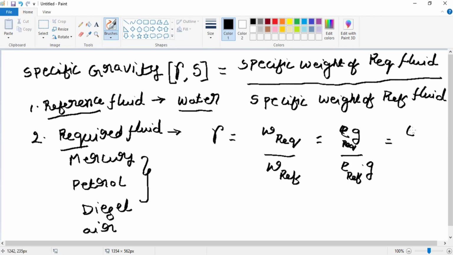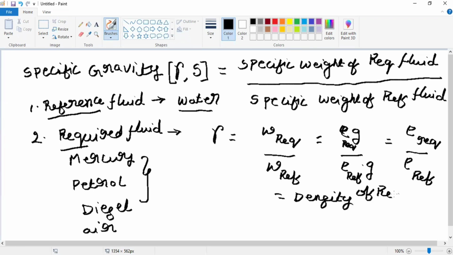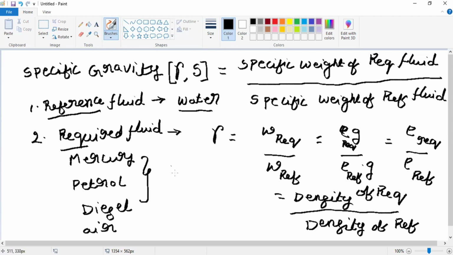So from this we can write it as rho, density of the required fluid, by density of the reference fluid. So this is the definition of the specific gravity.